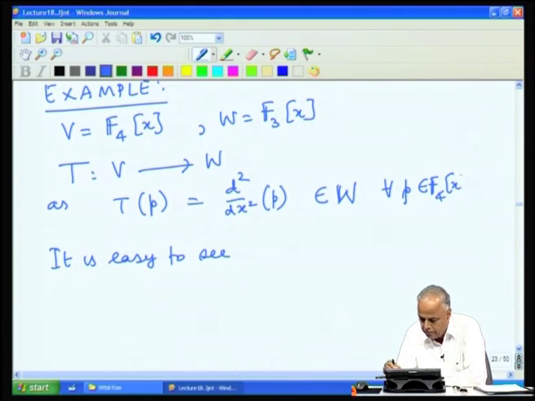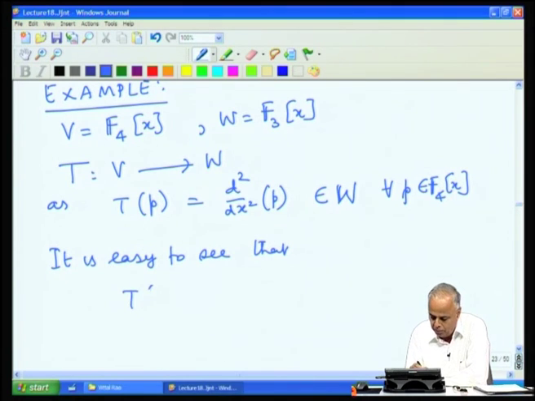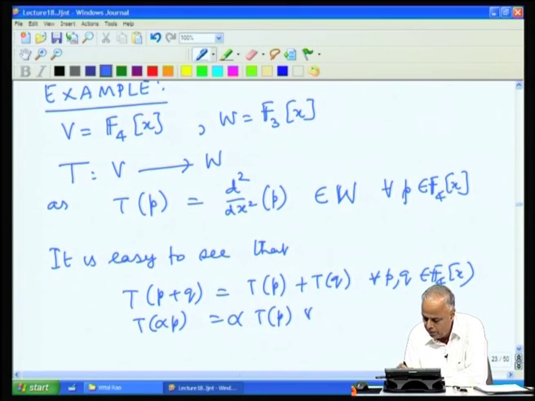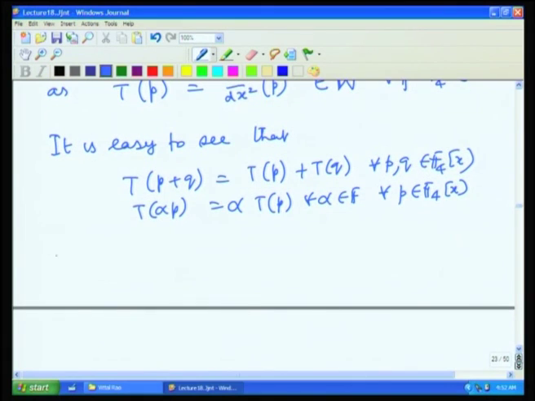So, therefore, it will be a mapping from V to W. Now, it is easy to see that T(p plus q) is Tp plus Tq for every p, q in F4[x], and T of alpha p is alpha Tp for every alpha in F and for every p in F4[x], and therefore T is a linear transformation from F4[x] to F3[x].